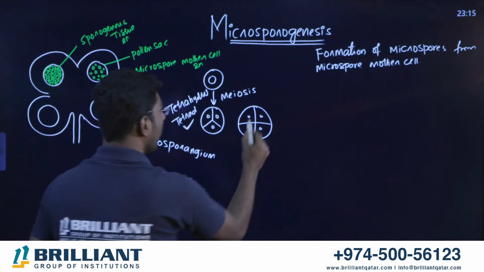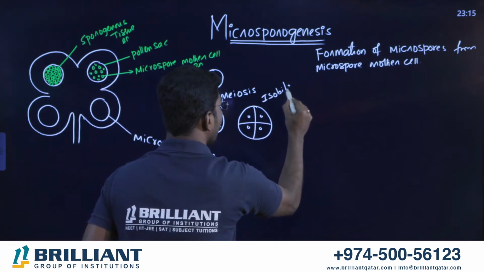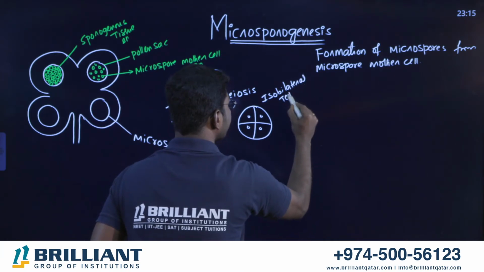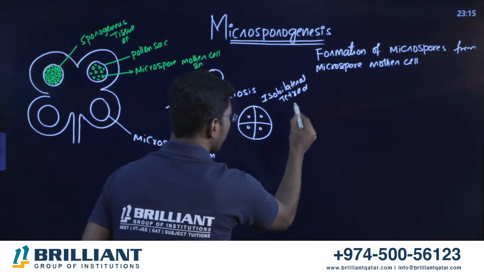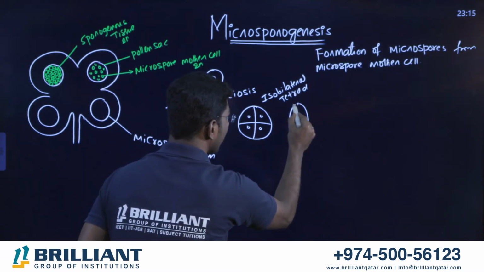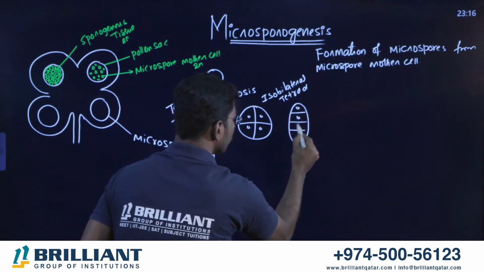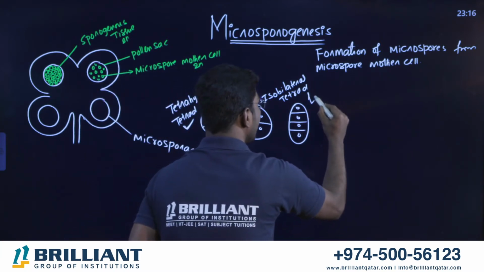This is called what? Isobilateral tetrad. Clear? Next, a third type of tetrad can also form, that is a linear tetrad, like this. 1, 2, 3, 4 are there. So this is known as what? Tell me. This is a linear tetrad.